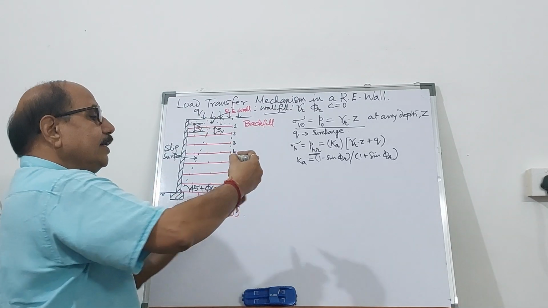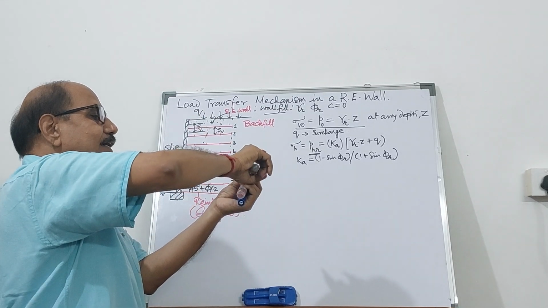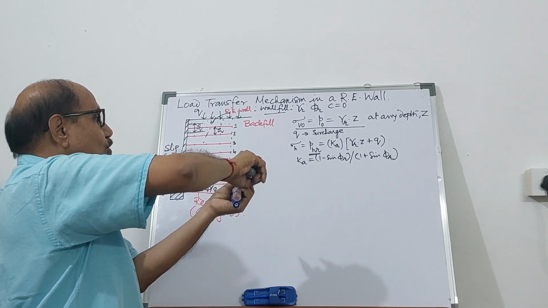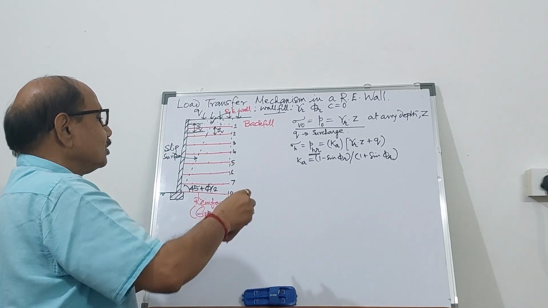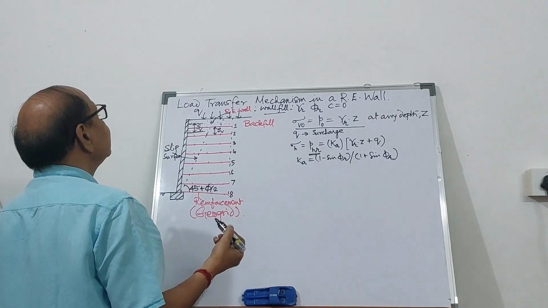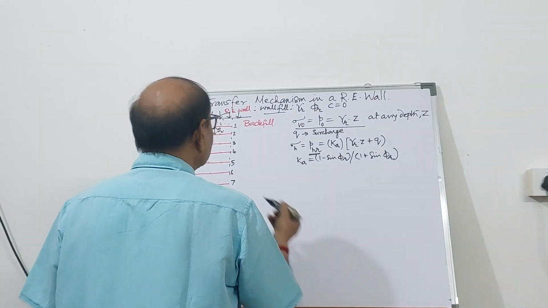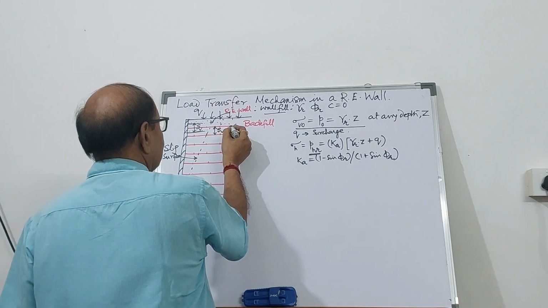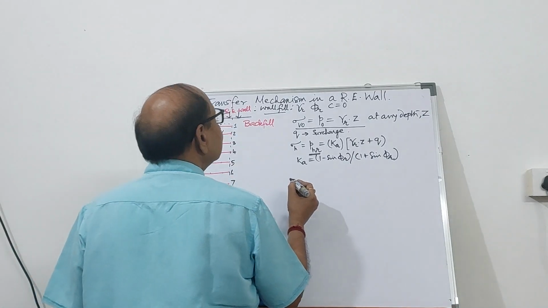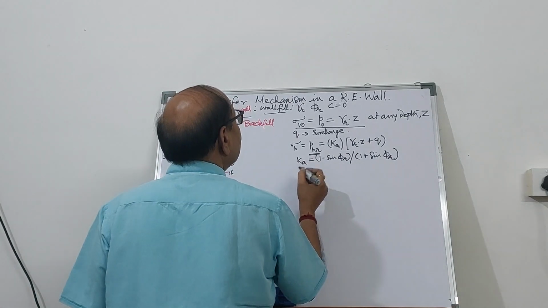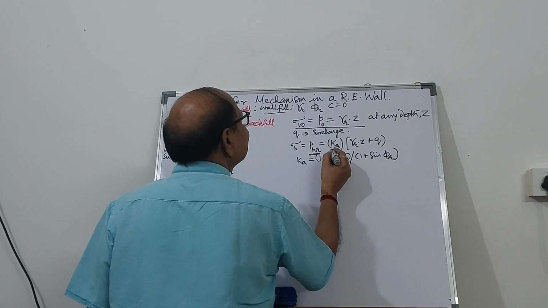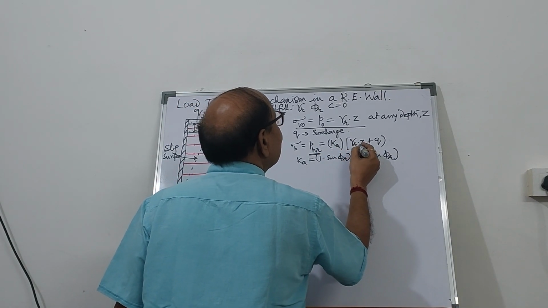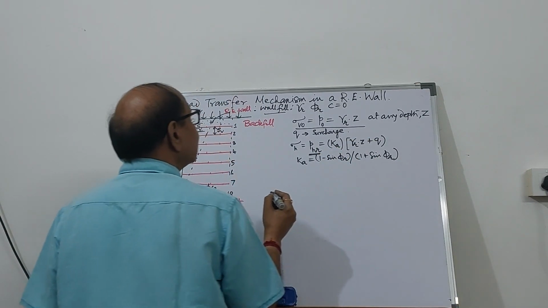So this geogrid is bonded due to overburden and due to surcharge, and the horizontal pressure that is being transferred to the reinforcement will be equal to PHR equal to K gamma r z plus q.